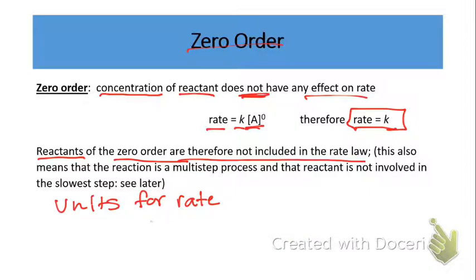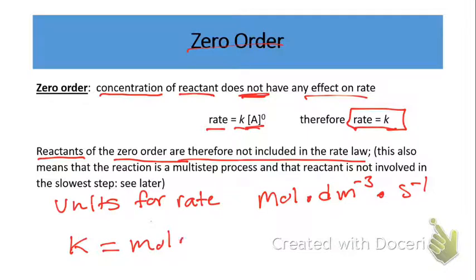Those units are going to be expressed as moles per cubic decimeter per second. So the units of K for a zero order reaction will also be moles per cubic decimeter per second. Again, these are for IB students.